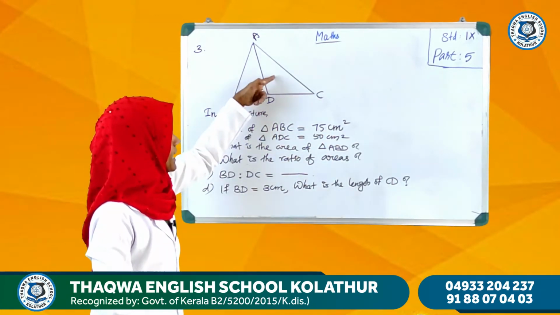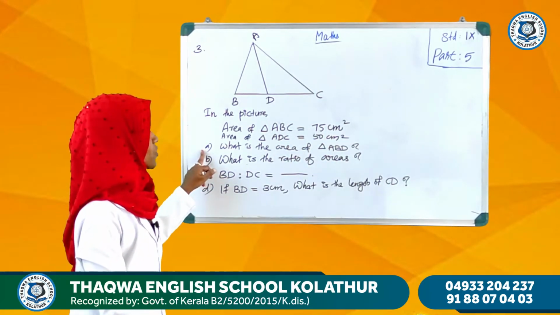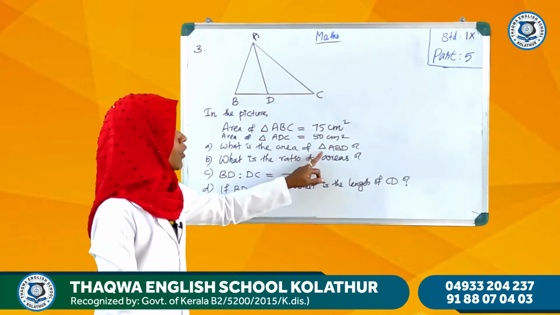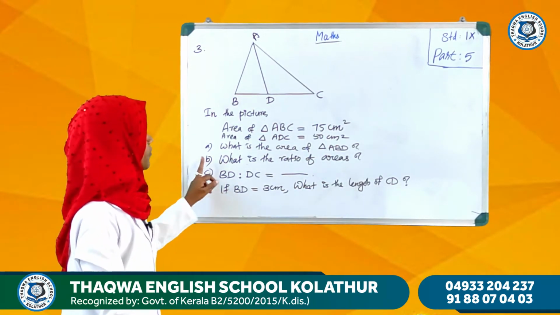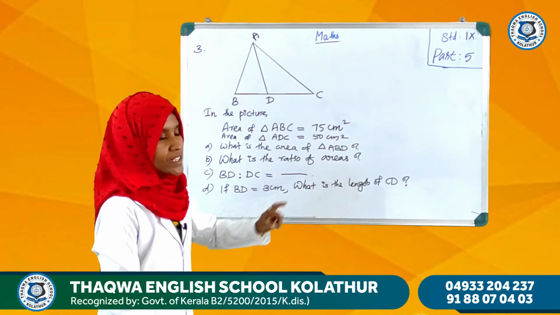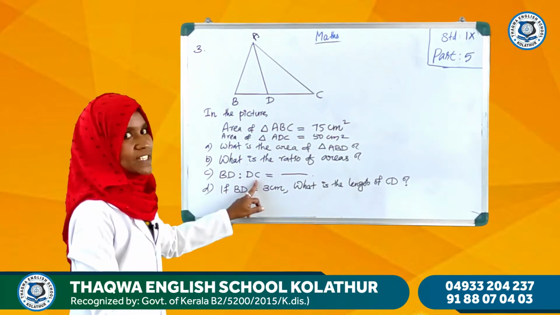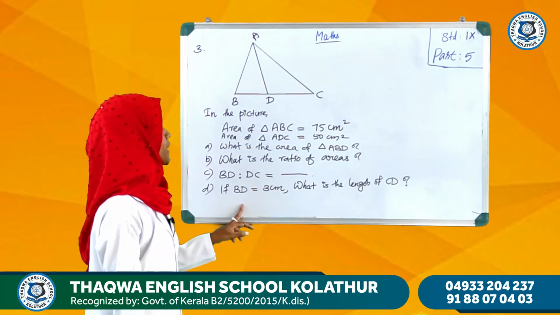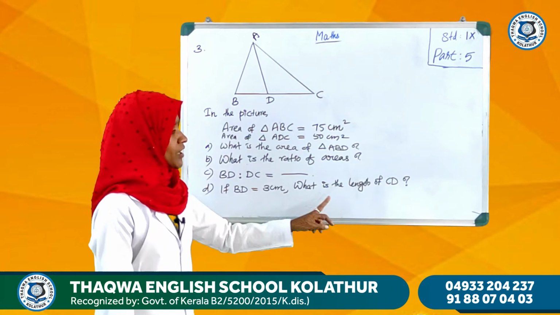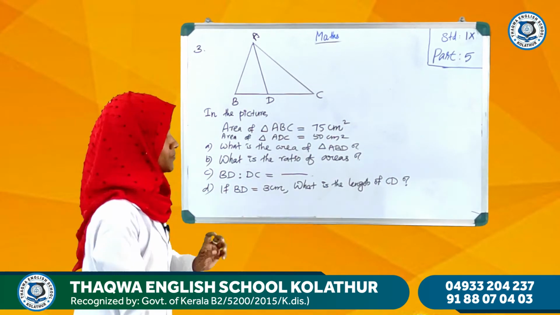Area of triangle ADC is 50 square centimeters. First question, what is the area of triangle ABD? Then what is the ratio of areas? Third, BD is to DC equals dash. Fourth question, if BD equals 3 centimeters, what is the length of CD?